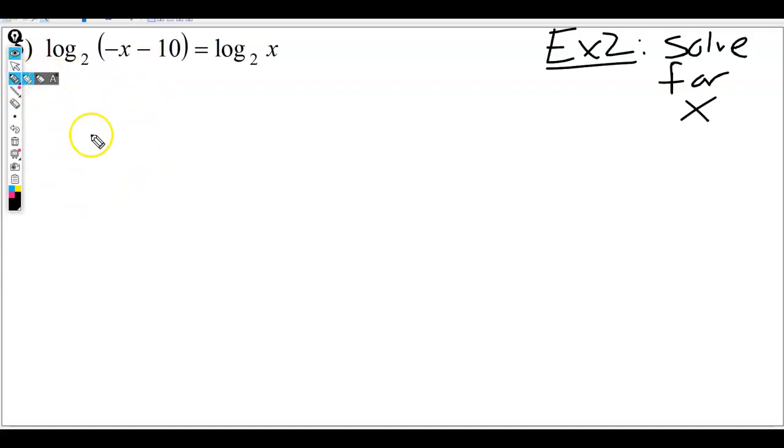All right, so let's go ahead and begin here. The first thing I want to do is I'm just going to actually start by solving it first. Now, this is one type of log equation that we're going to solve. We're going to solve a few different types. But what makes this one special, and you might want to make a note of this, is that there is a log on both sides.